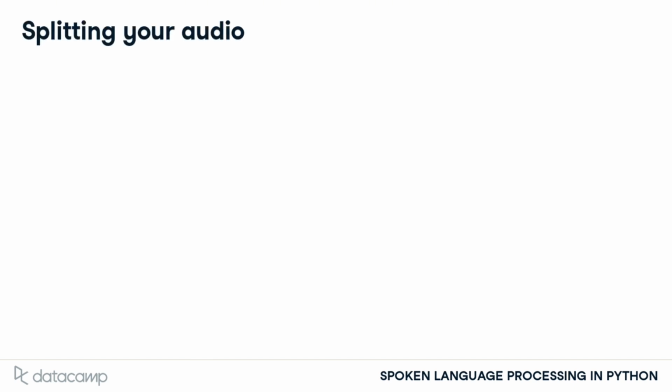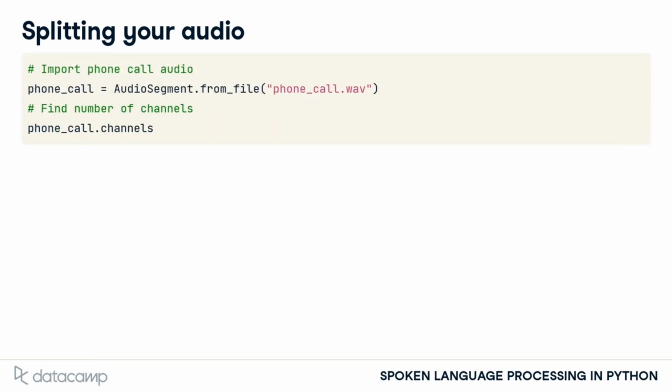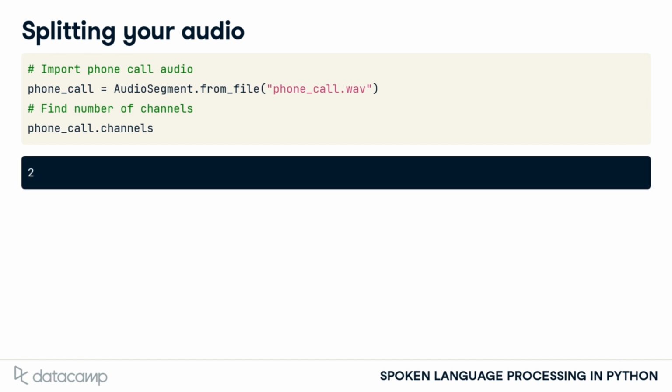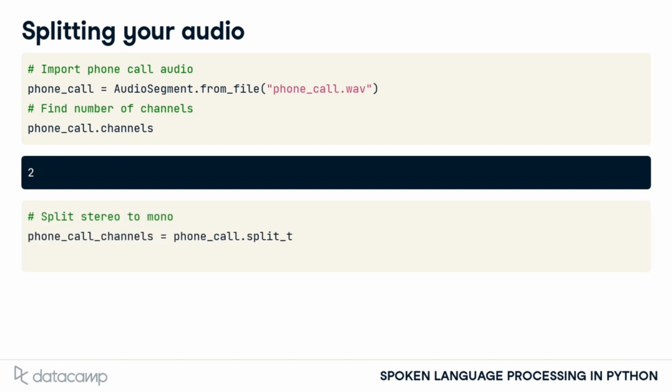You saw in a previous lesson the issue of transcribing multiple speakers on one audio file. Well, let's say you were trying to transcribe phone calls, and using Pydub, you found your audio files are recorded in stereo format, 2 channels. Pydub allows for a stereo audio segment to split into 2 mono single channel audio segments using the split to mono function.